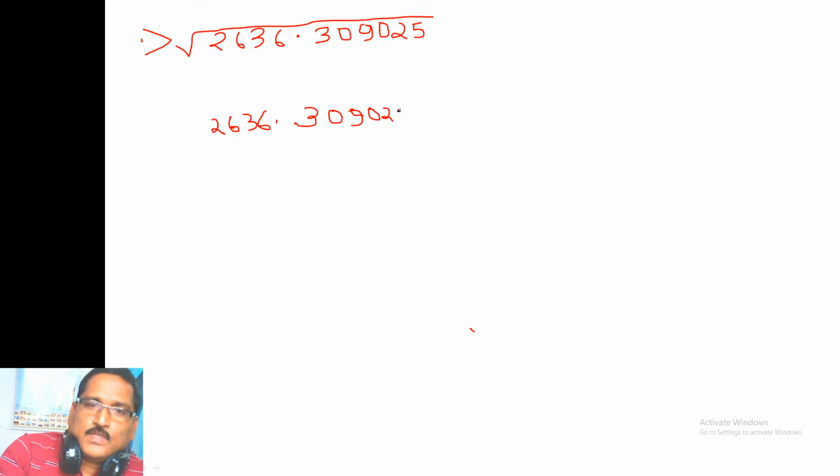I am writing with the help of the mouse, so please accept it. Now we have to place a bar over each pair of numbers from this side, 36, 26, and from the decimal part on this side, 30, 90, 25. Okay? After that, divide it this way.